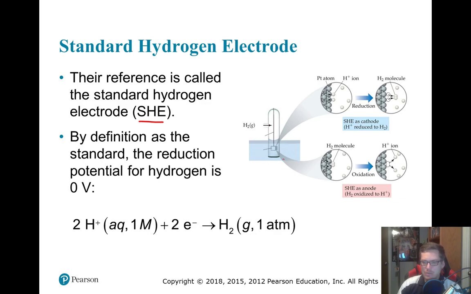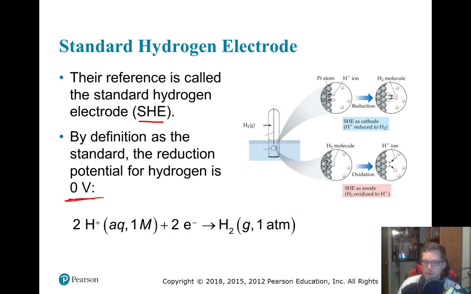This is exactly what's happening, just a redox reaction. H plus reacts at the platinum and forms hydrogen gas. If it goes backwards and is oxidized, the hydrogen builds up on the platinum and breaks off to form acid and water. And it's defined as 0.